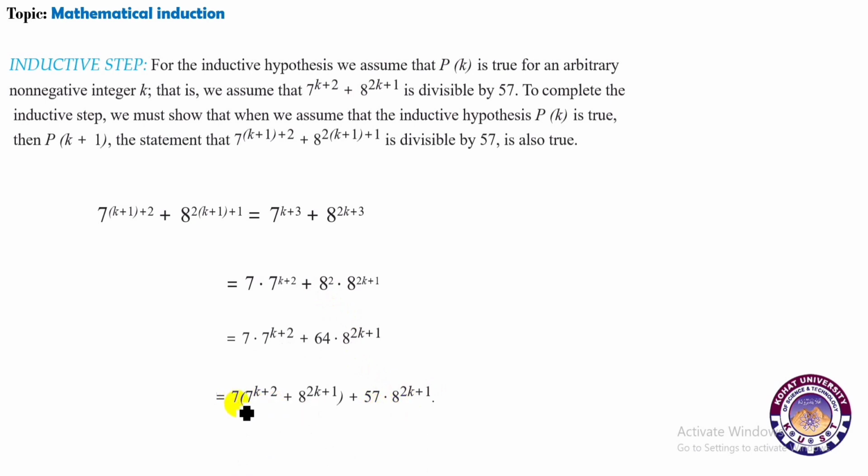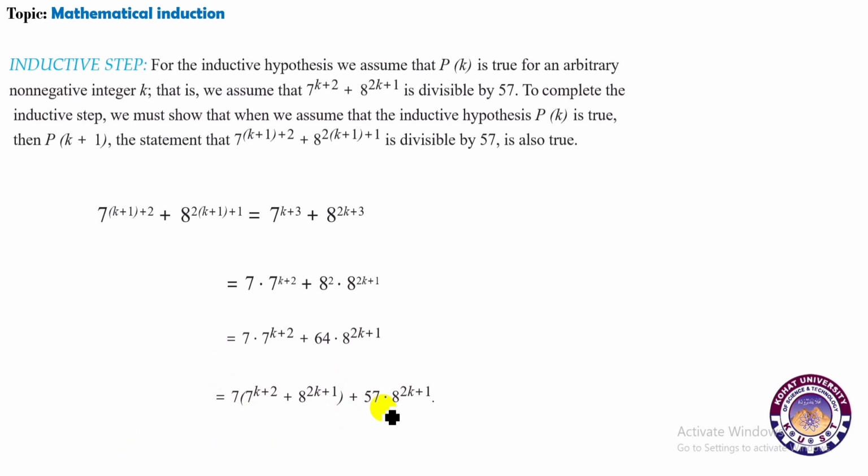If we take 7 as a common factor, 7 raised to the power k plus 2 plus 8 raised to the power 2k plus 1 is left, and 57 times 8 raised to the power 2k plus 1. As this is a multiple of 7, obviously this is divisible by 7. This is a multiple of 57, so it is divisible by 57.